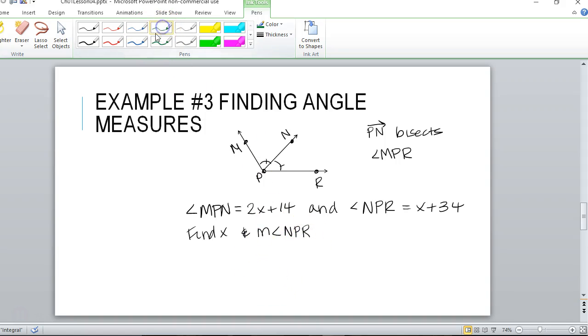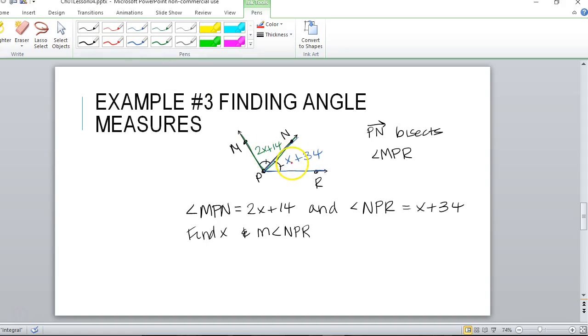All right, so MPN, this angle, is 2x plus 14, and NPR, this angle, is x plus 34. We're supposed to find x and the measure of NPR.